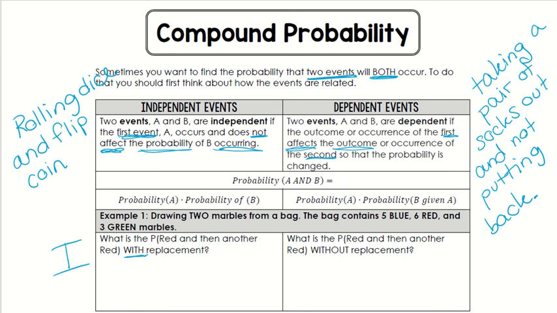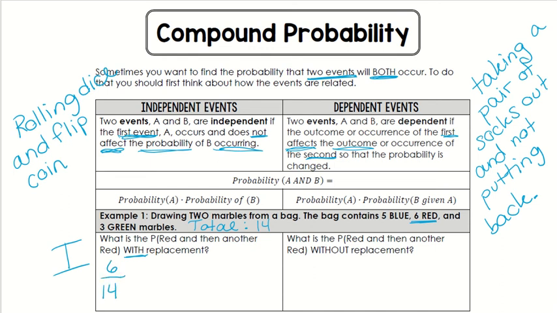So first we need to figure out the total amount of marbles we have. And I see 5, 6, and 3. So 5 plus 6 is 11, plus 3 is 14. Okay, so if we want to choose a red marble, what's the probability that we're going to get a red marble? 6, right? 6 out of our total, which is 14.